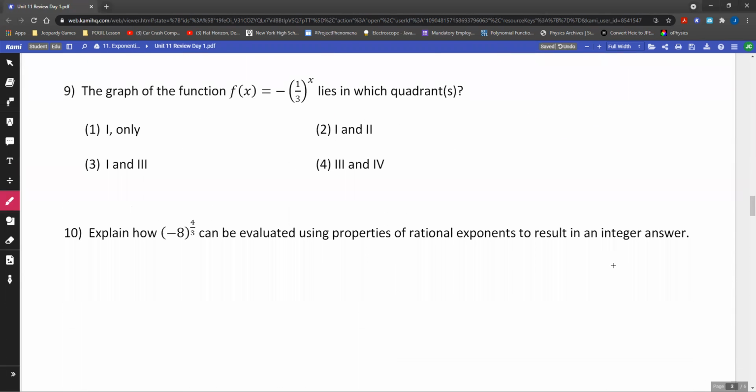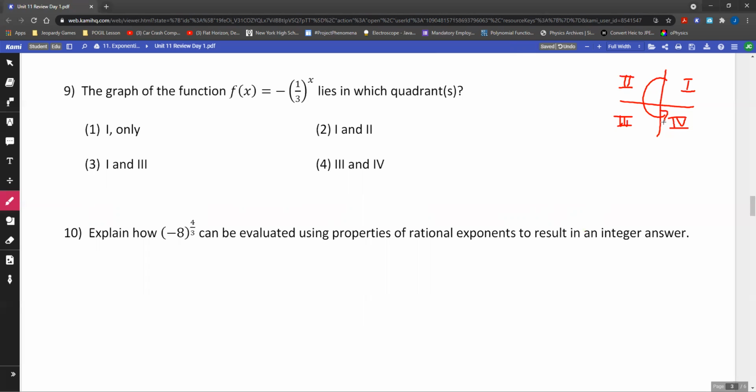All right, number 9. So they want to know where this function lies within these quadrants. Remember, the quadrants are these: quadrant 1, 2, 3, and 4. It goes counterclockwise. So once again, just plug it into the calculator. Negative 1/3 x.